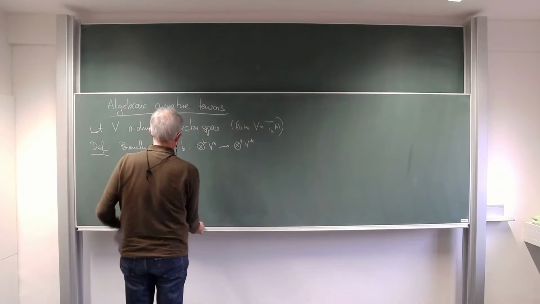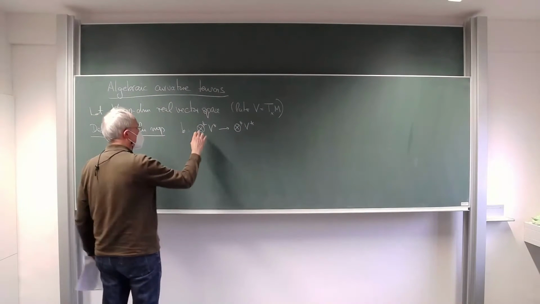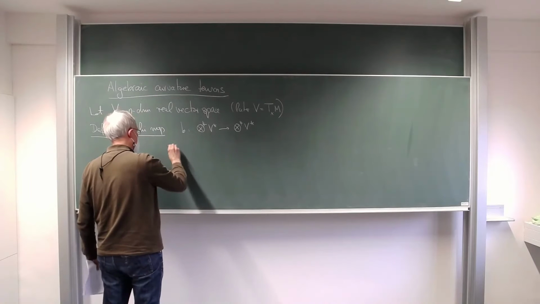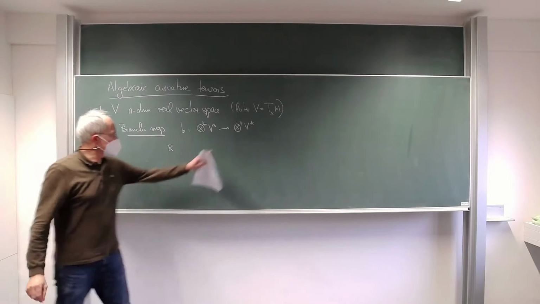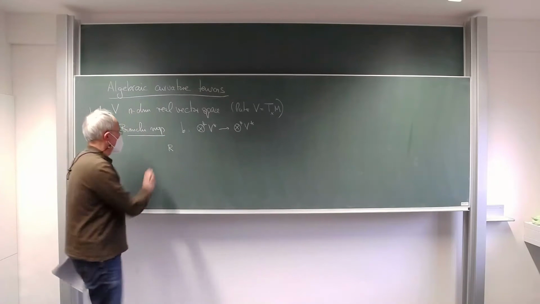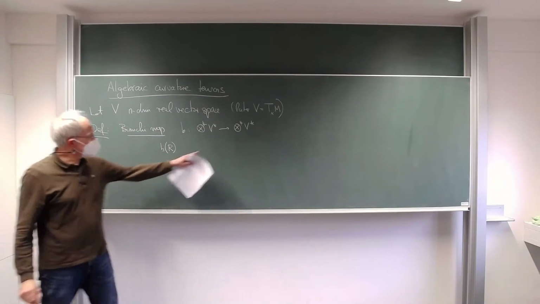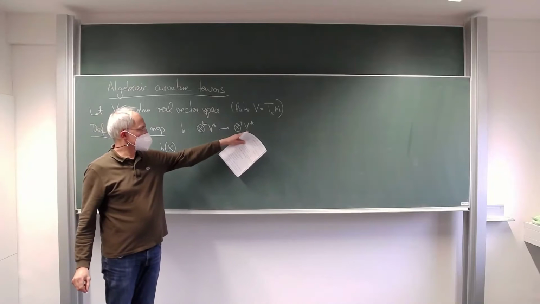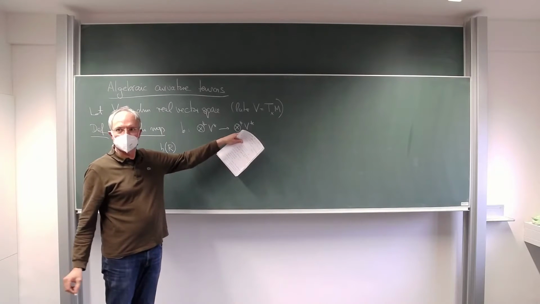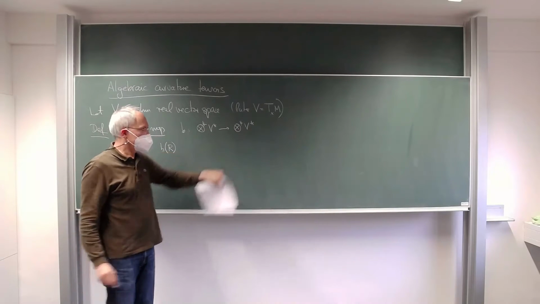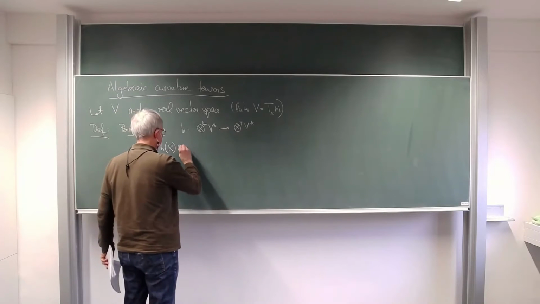And what does it do? It maps an element in here, which I call R, again to an element in here, which will then be B of R. And since this will be an element in here, I want to consider this as a 4-linear form on V, so I insert 4 vectors in V.